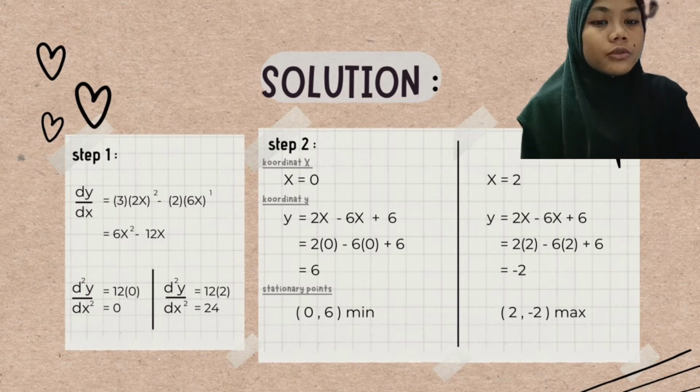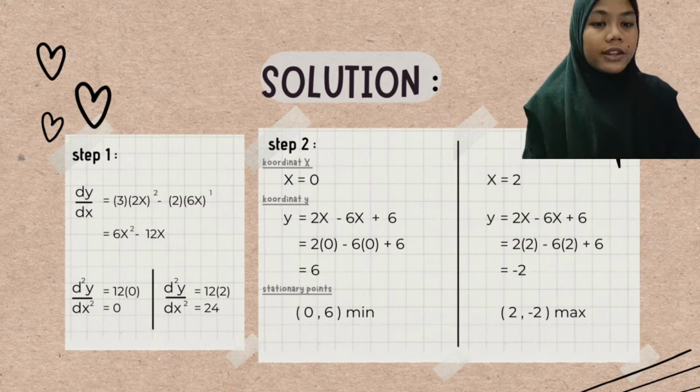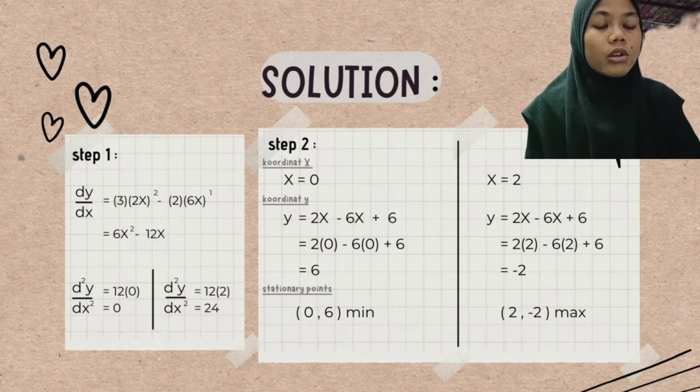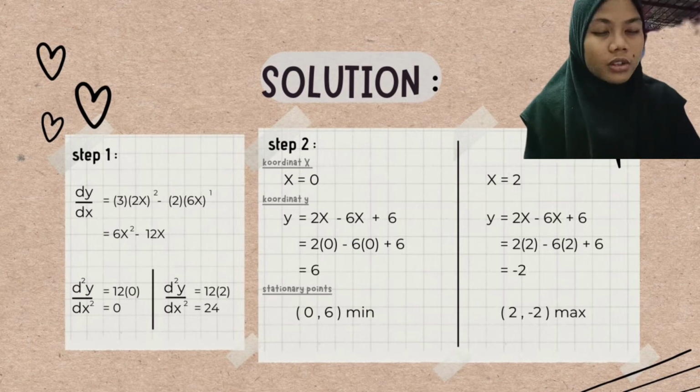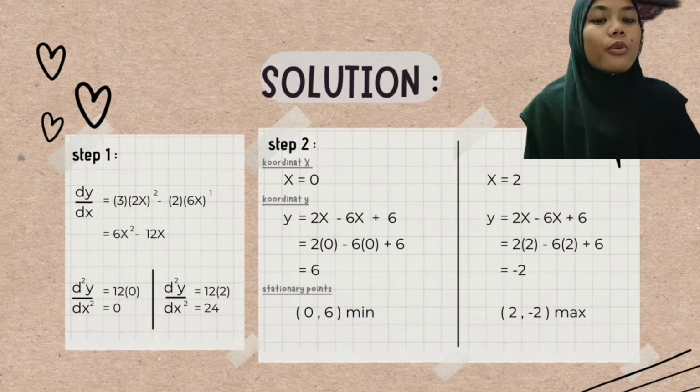So the first order we got is 6x power 2 minus 12x equals 0. This is a complete equation, so we can factorize using the calculator. When we factorize, we get x equals 0 and x equals 2.